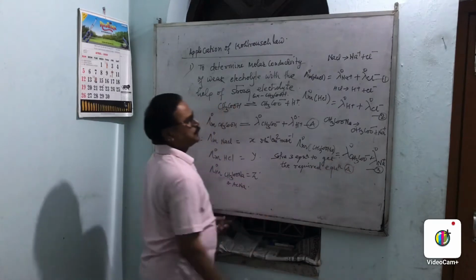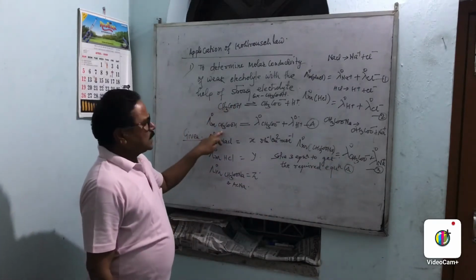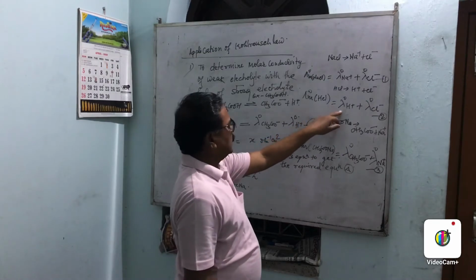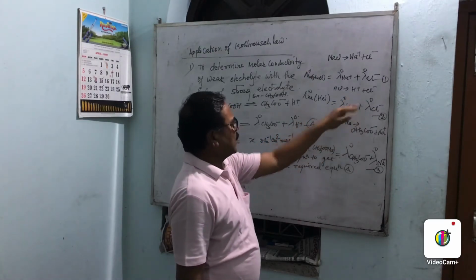How? You will see. There is acetate ion here and acetate here. So do equation 2 plus 3 minus 1.